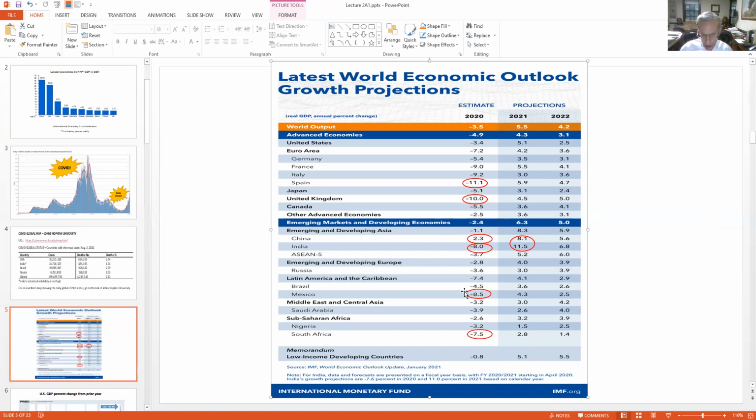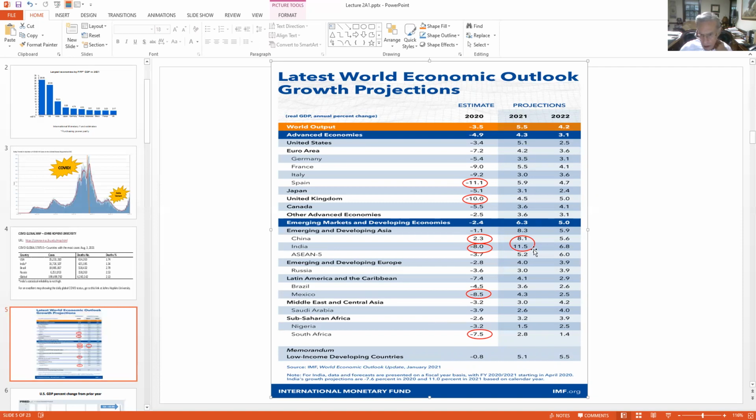India, 8% decline. Mexico, our southern neighbor, 8.5%. And South Africa, the largest economy in sub-Saharan Africa, 7.5% decline. These are all major changes.